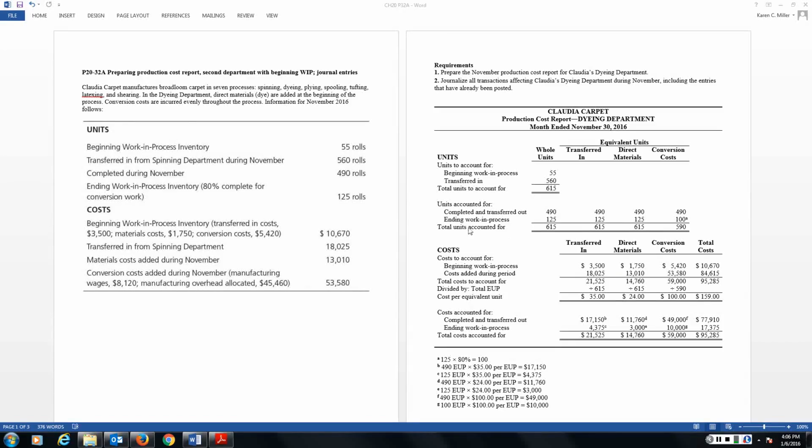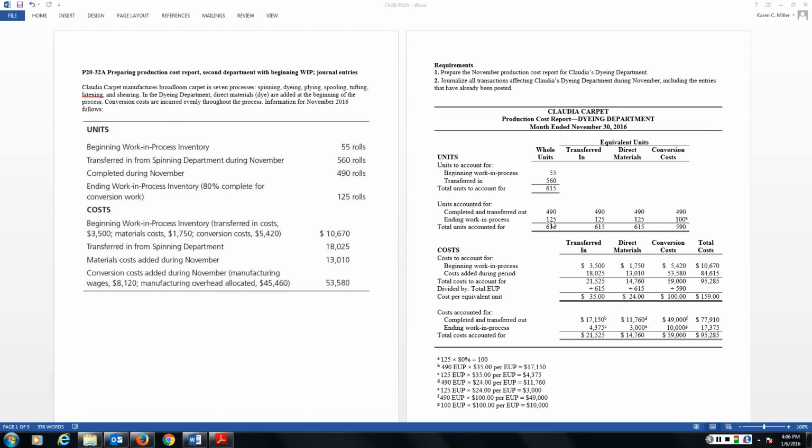But in the ending work in process, it tells us that we have 125 rolls. Once again, for ending work in process, the 125 rolls are the same as 125 units for being transferred in. They have all their materials, so 125 times 100% is 125. But it tells us in the problem here that only 80% of the conversion is complete.